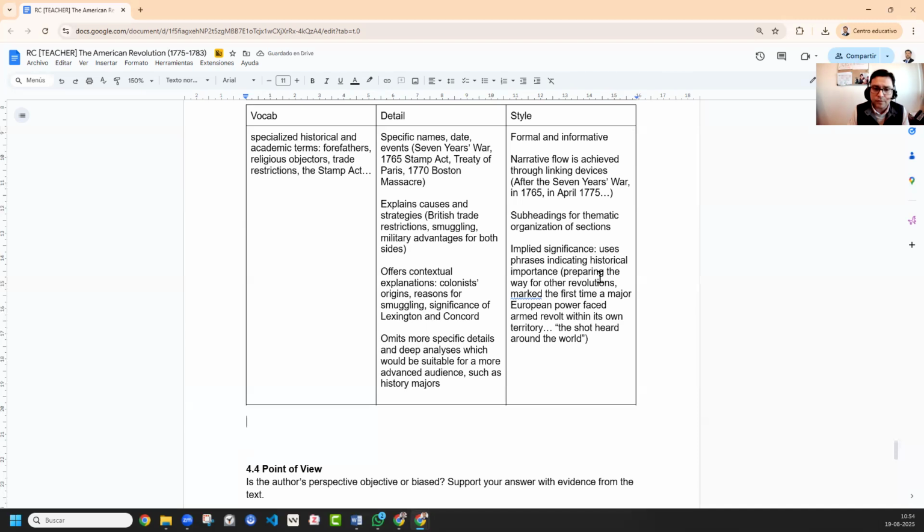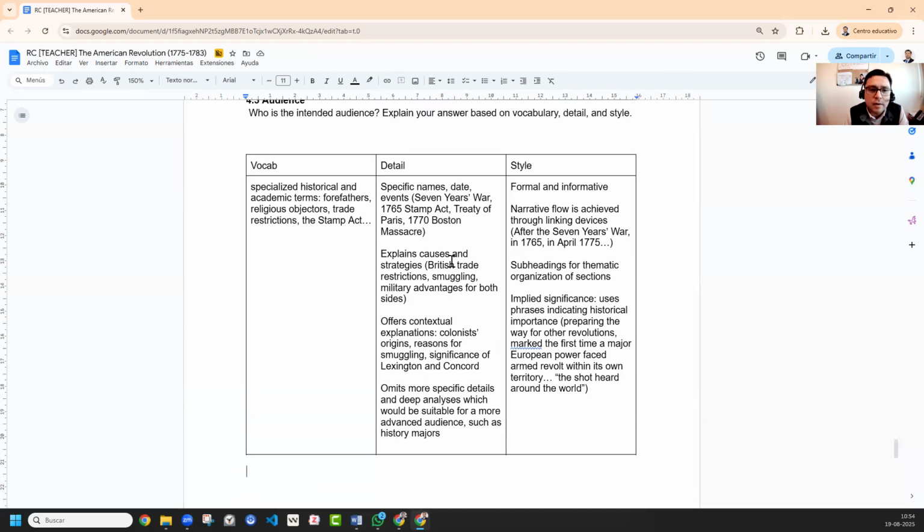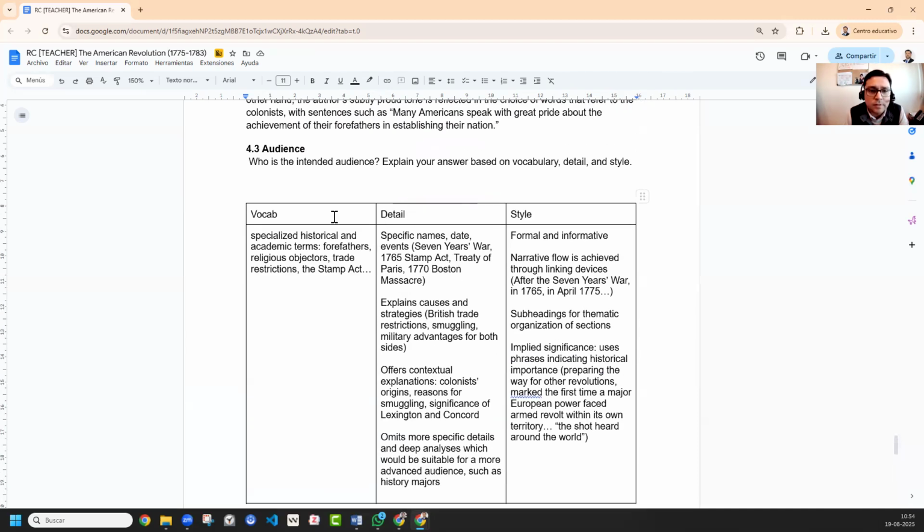All right. So with all of these elements, now we can start drafting a definite answer. So our answer must be based on this. So we will copy vocabulary, detail, and style.